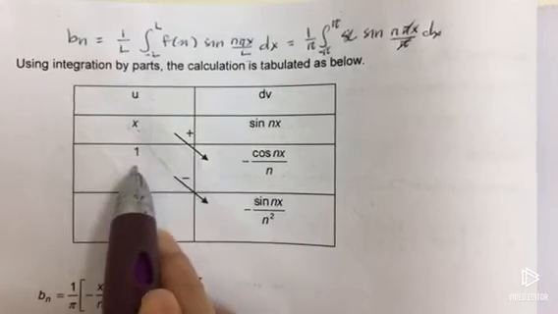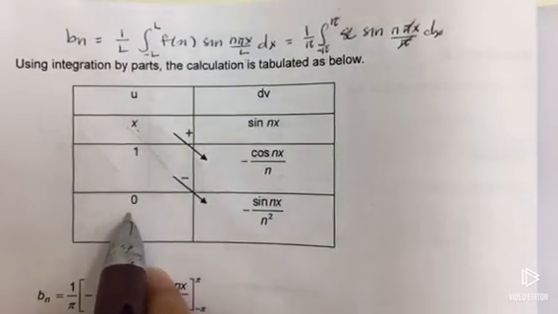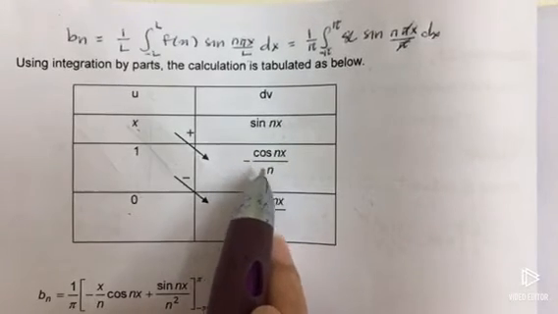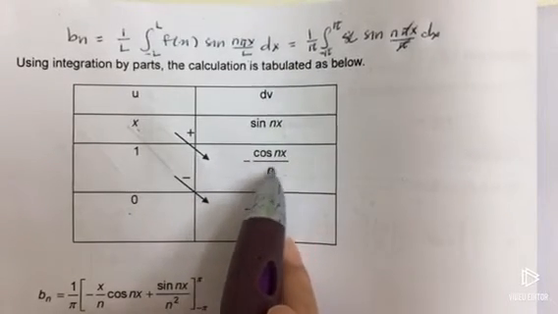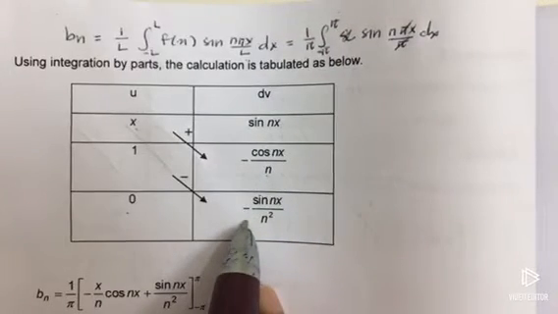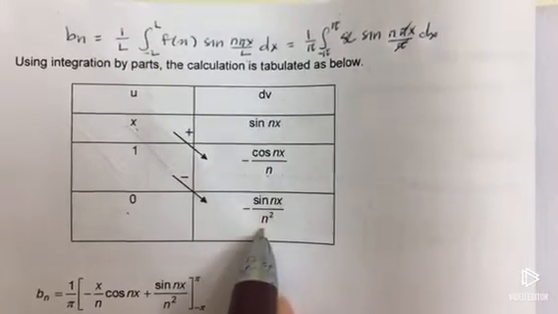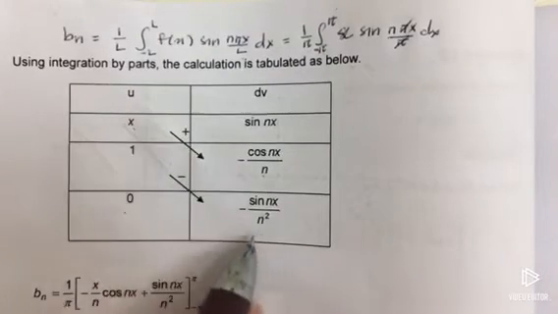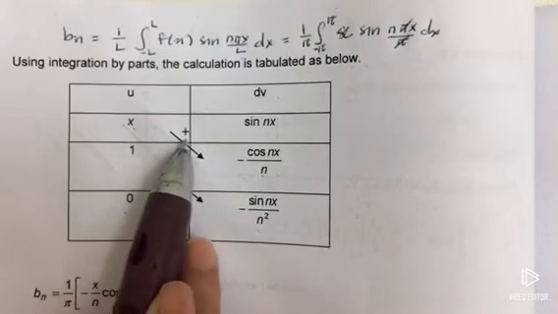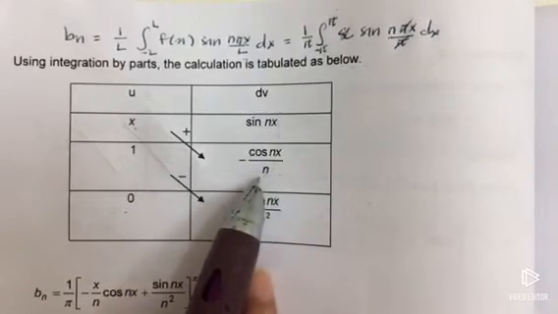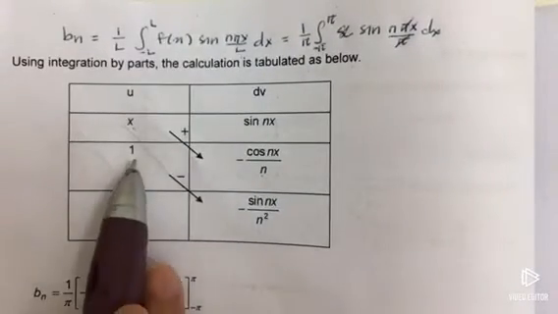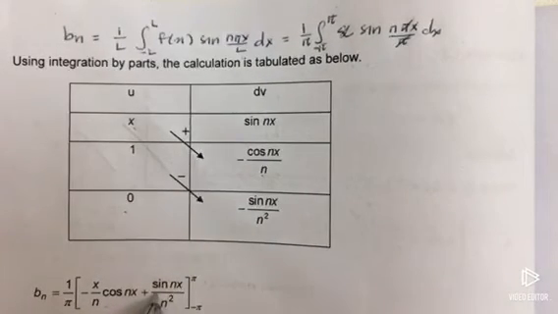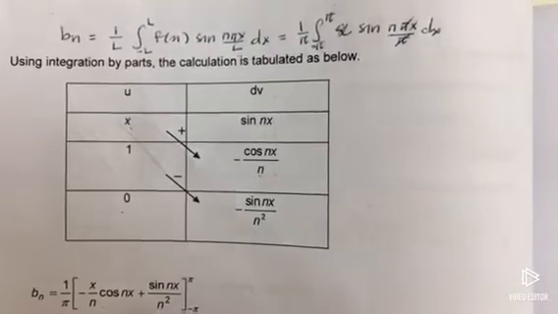Differentiate x equal to 1, differentiate 1 equal to 0. Integrate sin nx equal to negative cos nx over n. Integrate negative cos nx over n equal to negative sin nx over n squared. Multiply by positive, negative, and sum: x times negative cos nx over n, plus 1 times negative sin nx over n squared.